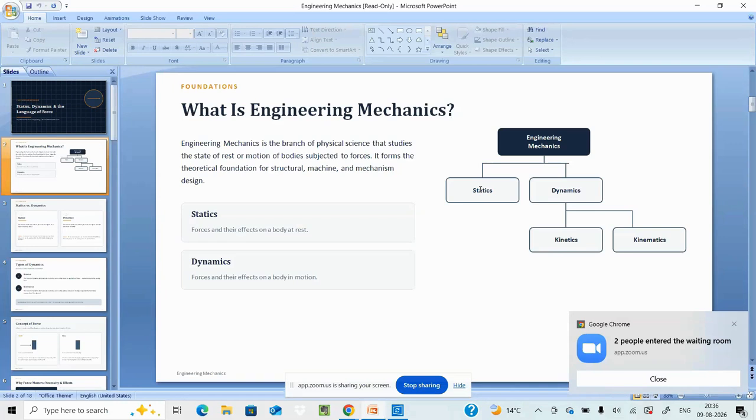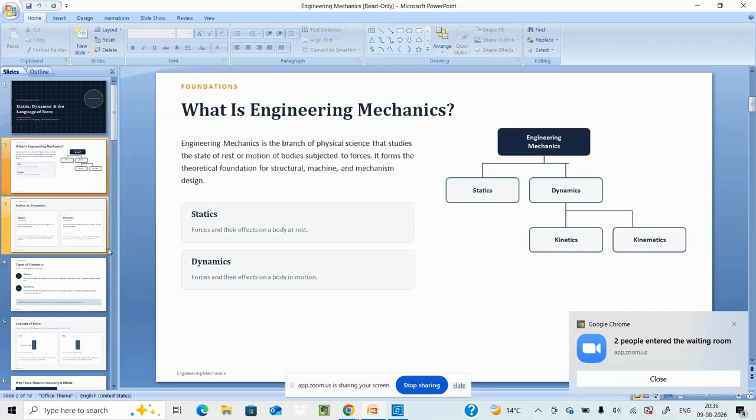Statics is the study of forces and their effects on a body at rest. Similarly, dynamics is the study of forces and their effects on a body in motion. Next, dynamics is again divided into two things, kinetics and kinematics. When I taught the strength of materials introduction class, this was almost similar.